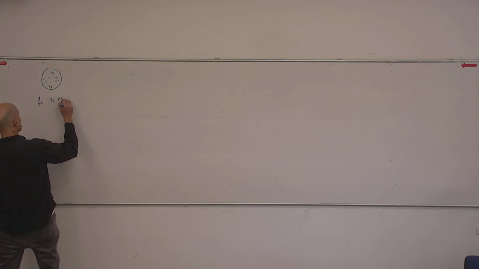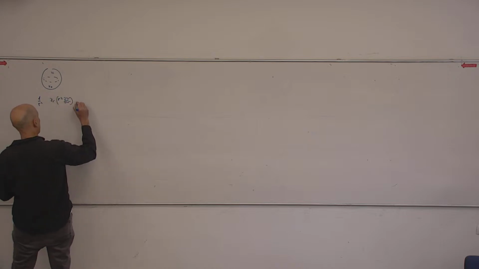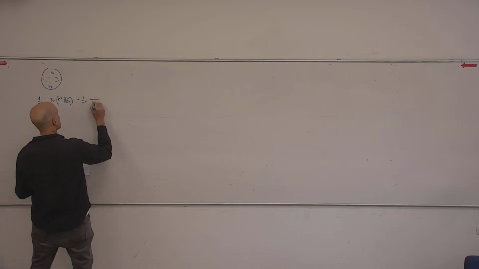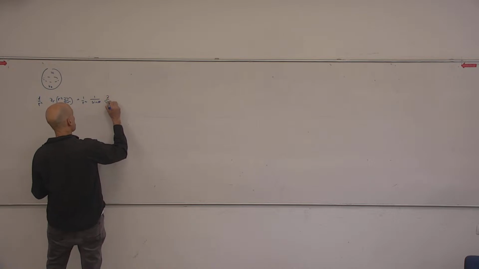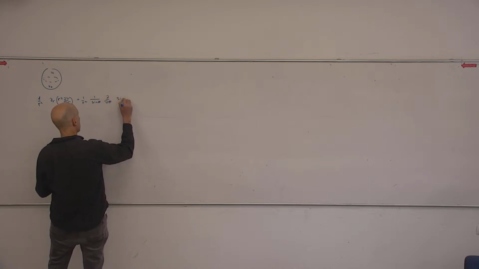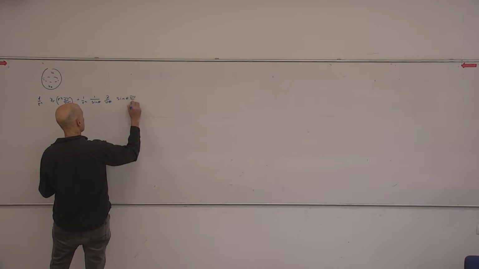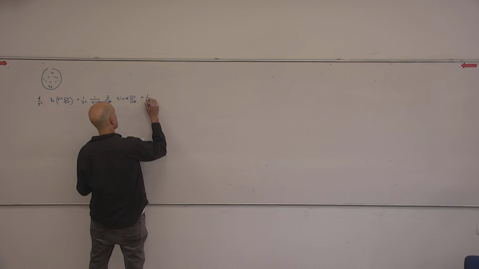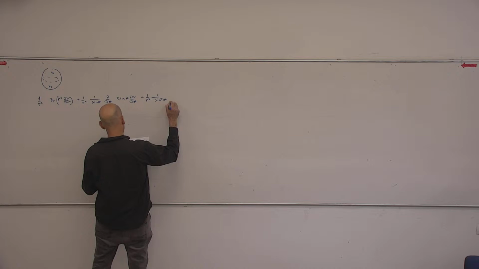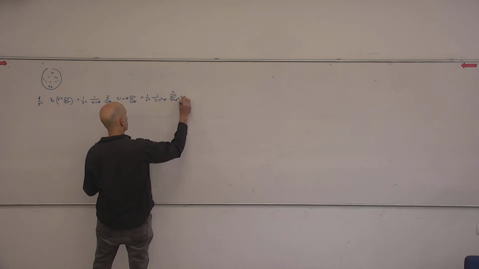I'm just writing the Laplacian: d/dr of r squared dV/dr, plus 1 over r squared sine theta d/d theta of sine theta dV/d theta, plus 1 over r squared sine squared theta d squared V/d phi squared equals 0.